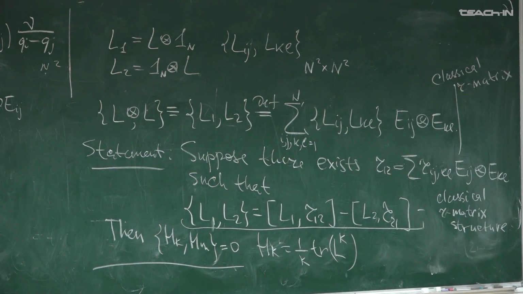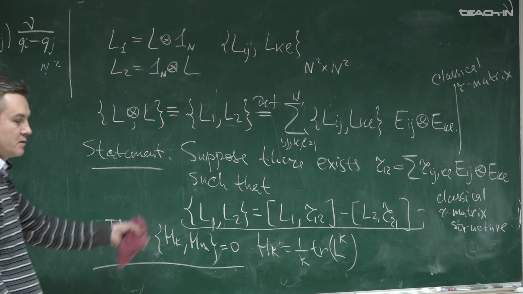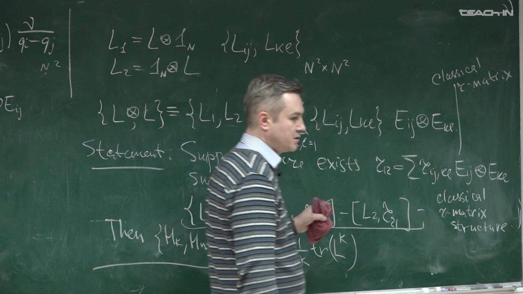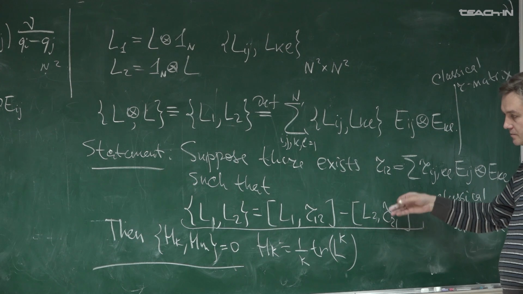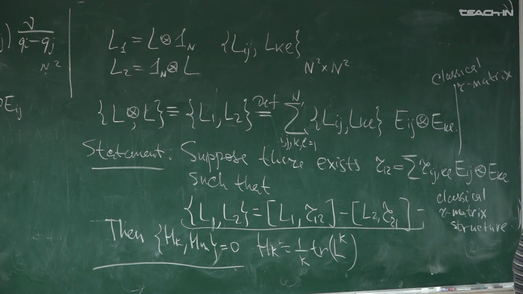So the quantization of this model can be considered as quantization of this Poisson structure. Let me just repeat again that if we write only the Lax equation, we even have no Hamiltonian structure. The Hamiltonian structure and the Poisson structure appear from this relation.